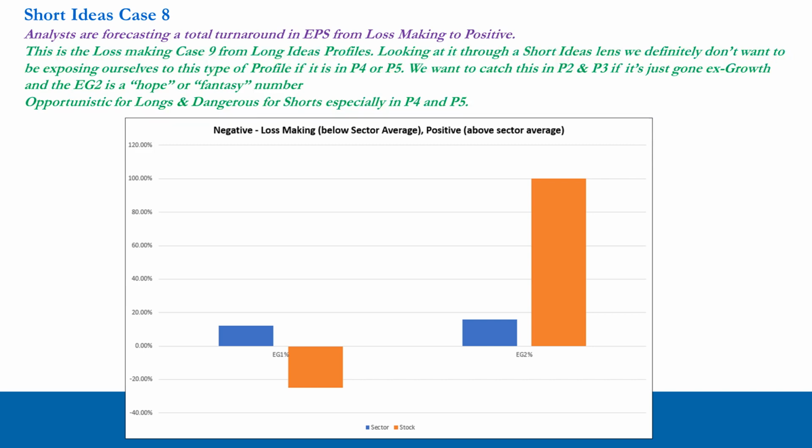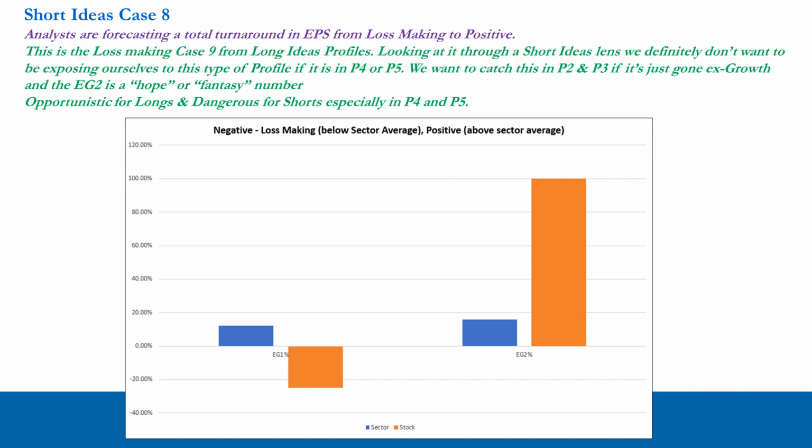From a short ideas perspective, we want to catch this in phase 2 and phase 3 if it's just gone X growth and the earnings growth 2 number is a hope or fantasy number. So this is a very, very opportunistic situation for longs, and it's dangerous for shorts, especially in phase 4 and phase 5.